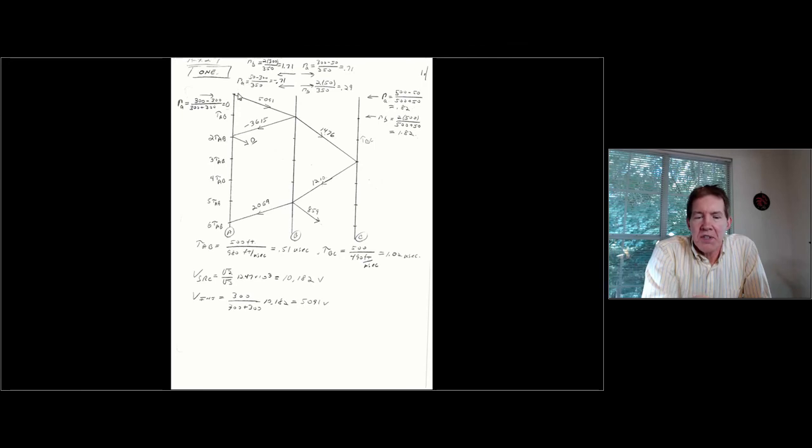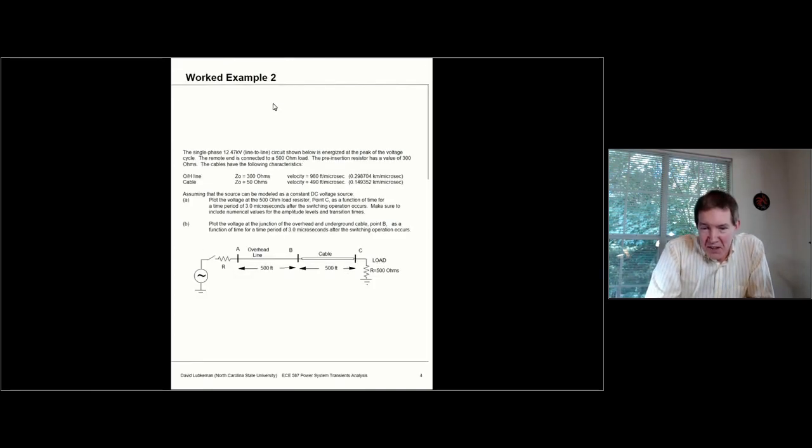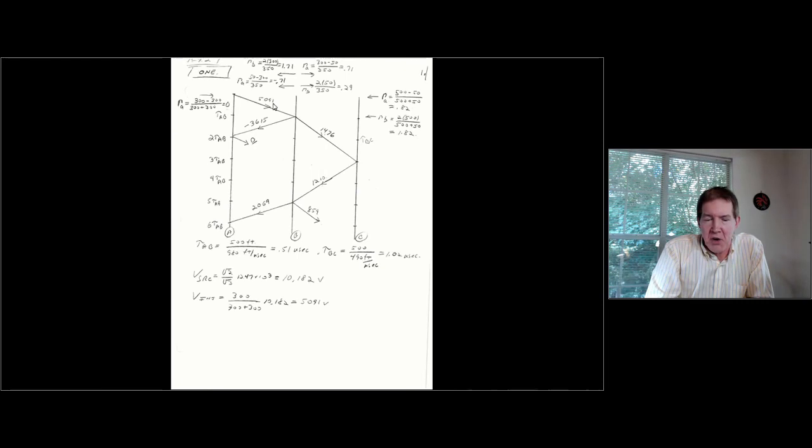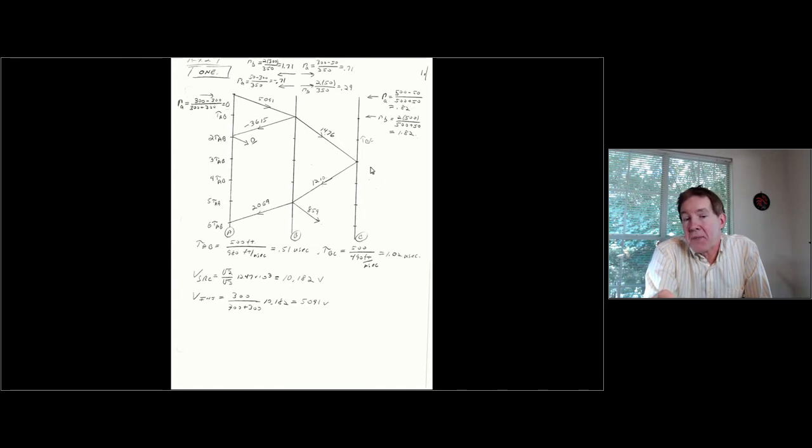And what you see here is I've got this set up in terms of tau AB, where tau AB corresponds to the velocity of propagation on the overhead. So this is going to be faster than what I'm going to see on the cable. This doesn't get from the beginning of the overhead to the end of the underground until quite a bit of time later.